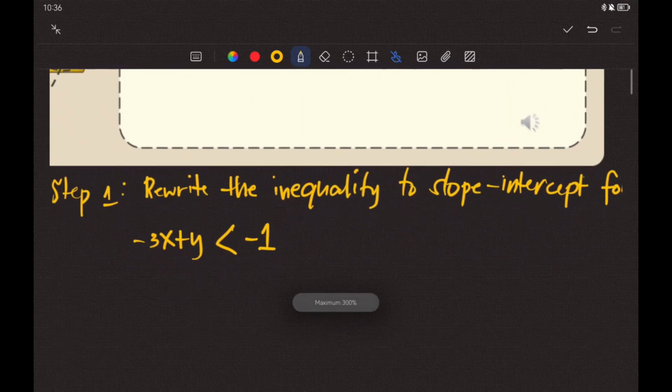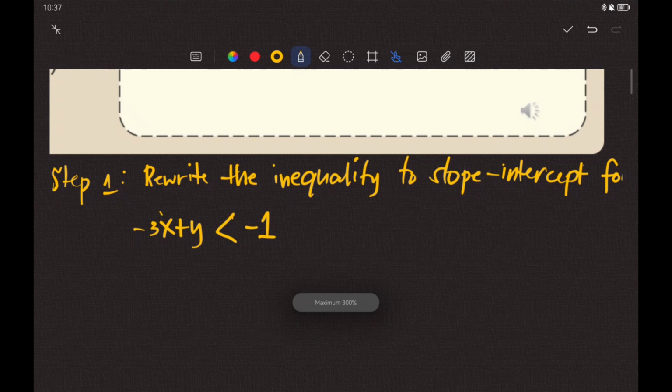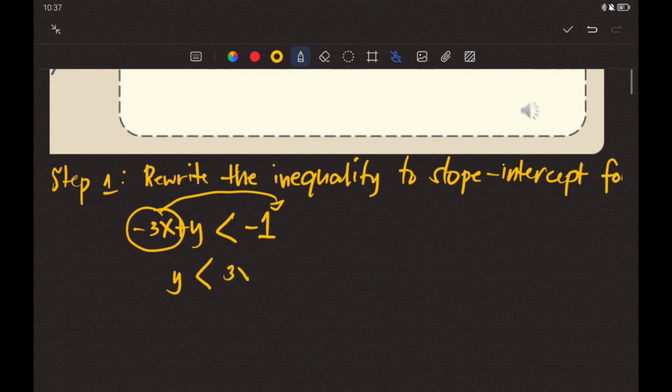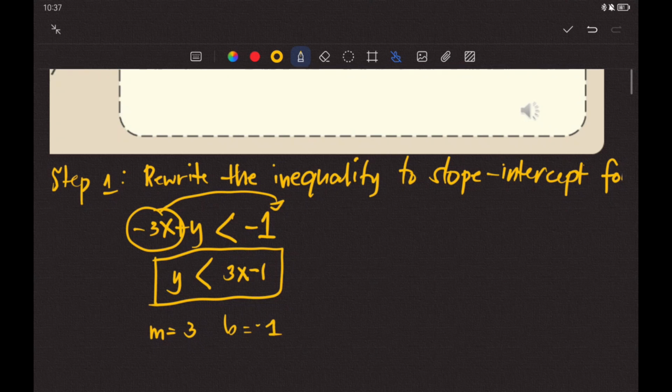So let's do the first inequality first. So transpose or transfer negative 3x to the other side. This will become positive 3x minus 1. So this is now our slope-intercept form, which gives us our slope as 3 and our y-intercept as negative 1.